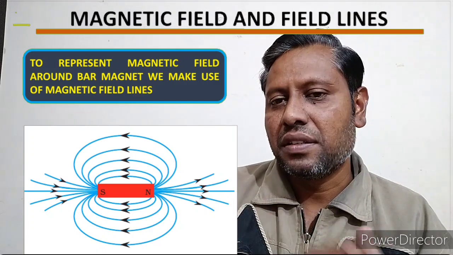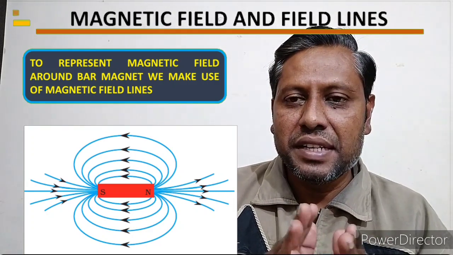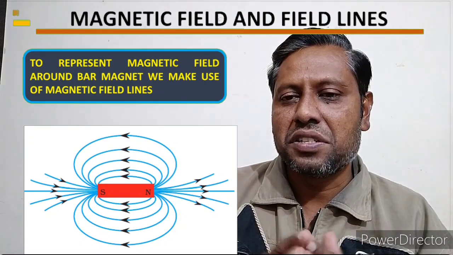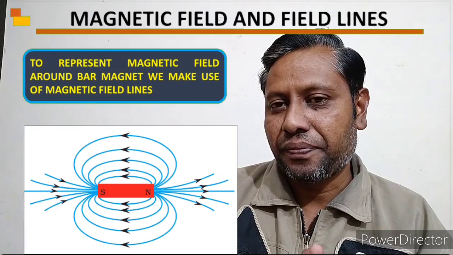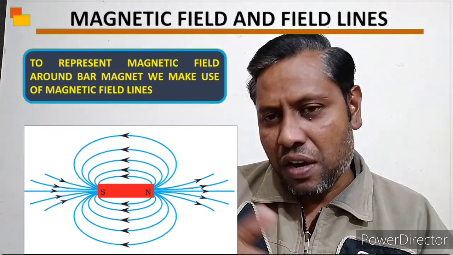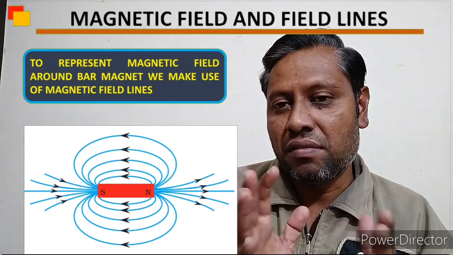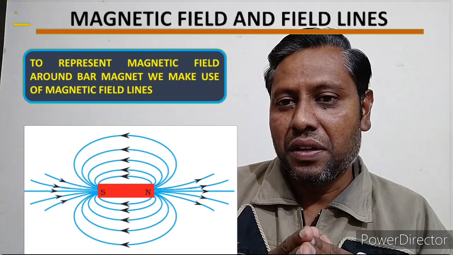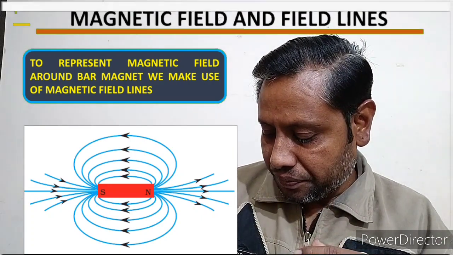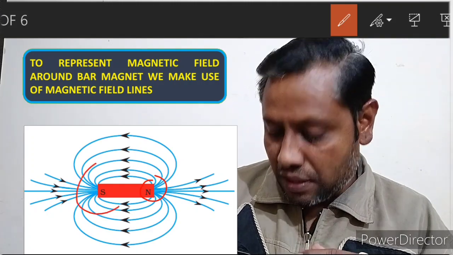There are some lines drawn across that bar magnet, indicating the structure or pattern of the magnetic field around the bar magnet. Now when we are drawing these lines, there are some important things that we have to consider. As shown in this diagram, this is the North Pole and this is the South Pole.